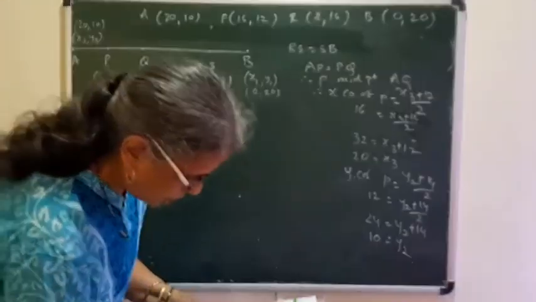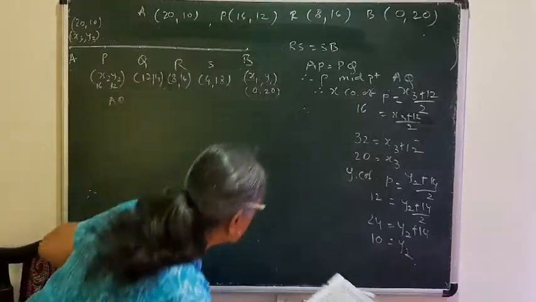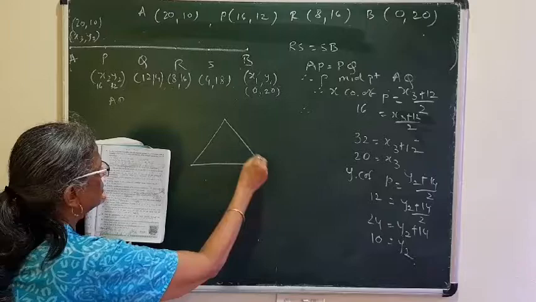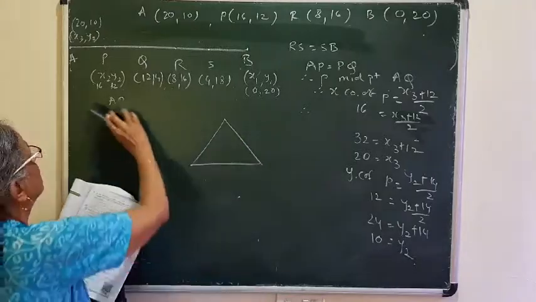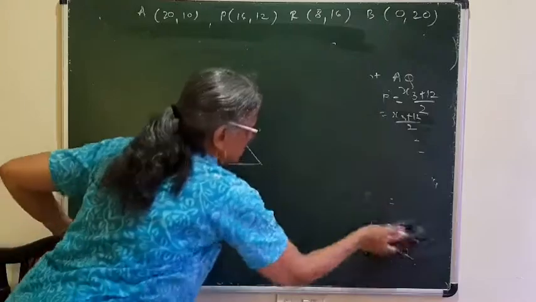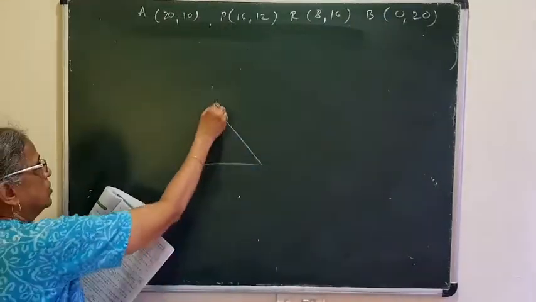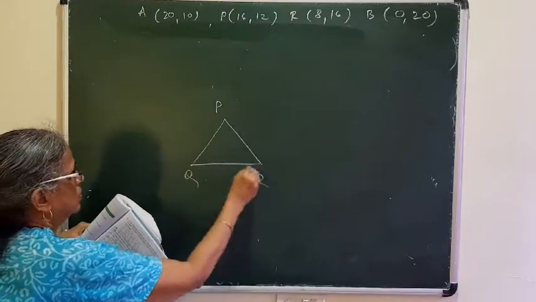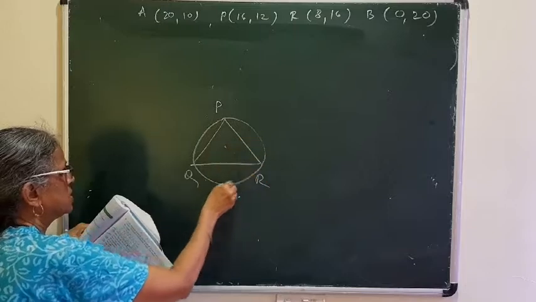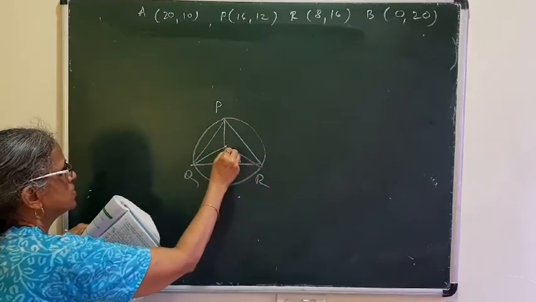Number 20. Find the coordinates of the center of the circle passing through the points P, Q, R. So I will show the figure. So these are the points P, Q, R. So this is the center. Circle passing through this, it is the center. So here it will be circumcenter.